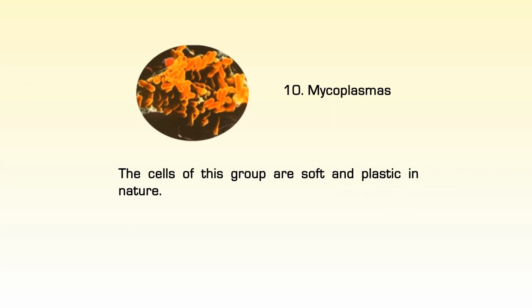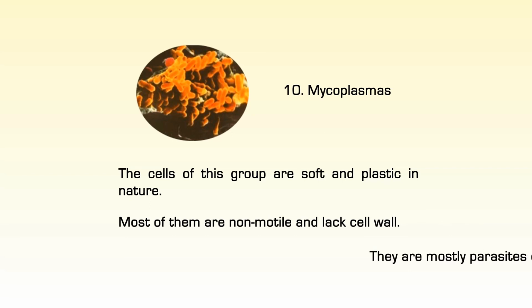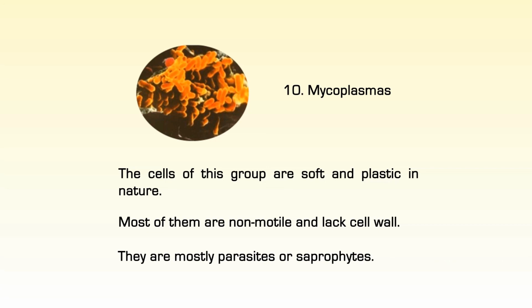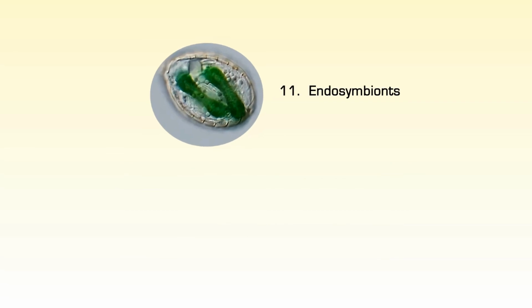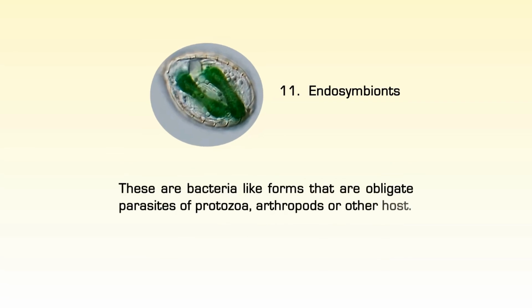The cells of this group are soft and plastic in nature, and most of them are non-motile and lack a cell wall. So the bacteria under this are mostly parasitic or saprophytic in nature. Finally is the endosymbionts. Bacteria under this are obligate parasites, that is the strict parasites of protozoa, arthropods or other hosts.